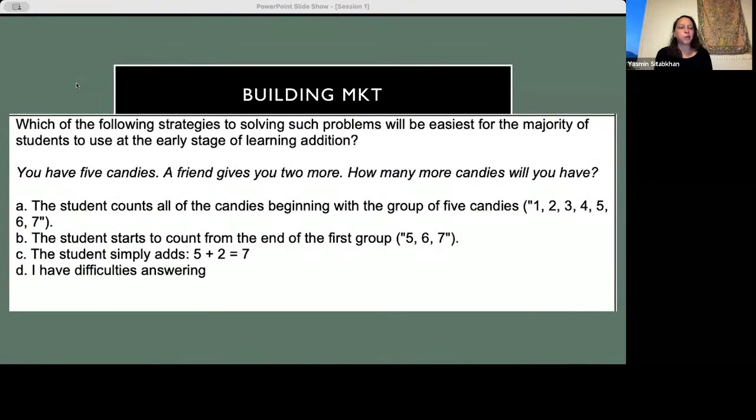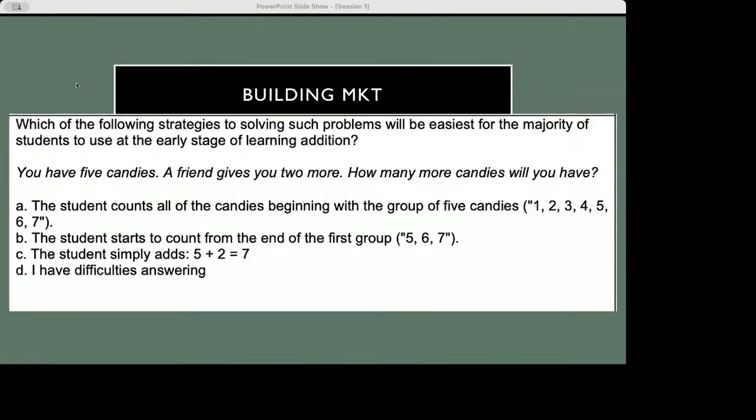Okay, here you go. How many are there? Yes, because we are talking about the majority of students at the early stage of learning addition, it will be easier for them to just count all of them together. 1, 2, 3, 4, 5, 6, 7.